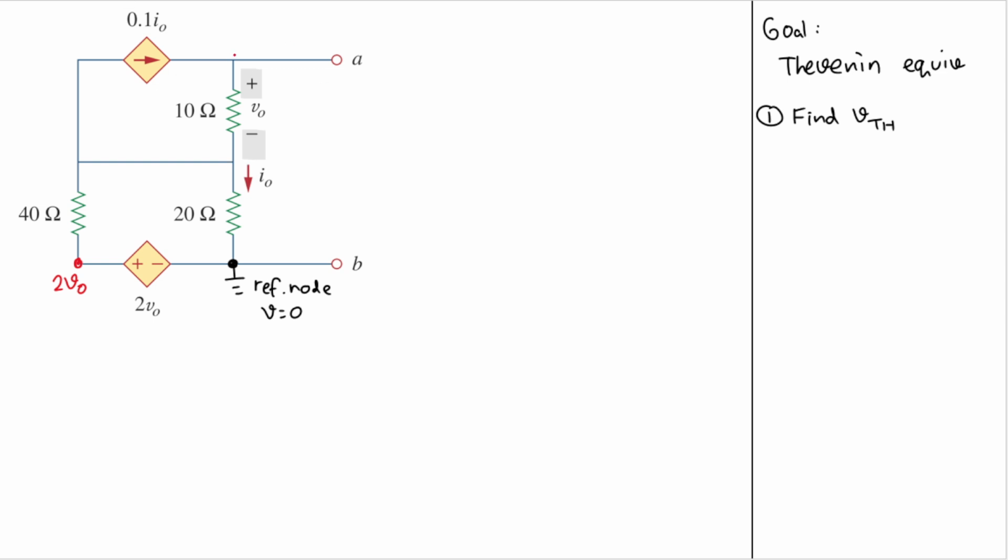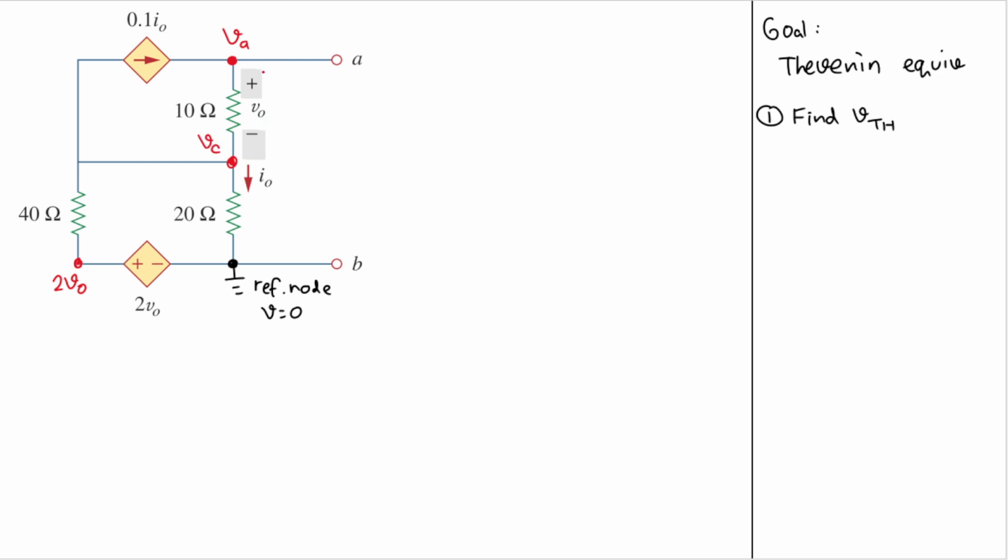So we need to name this node. Maybe this is terminal A. So I will name this node VA, the voltage at terminal A. We need one more node here. Remember that this is a big node because it is directly connected. So we will name this C. A, B, C. The voltage here will be VC.